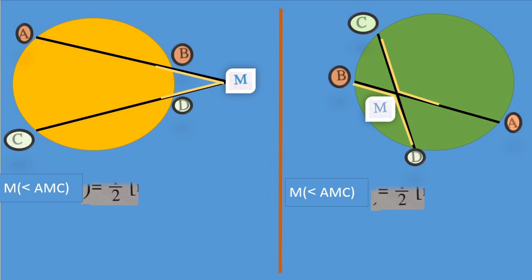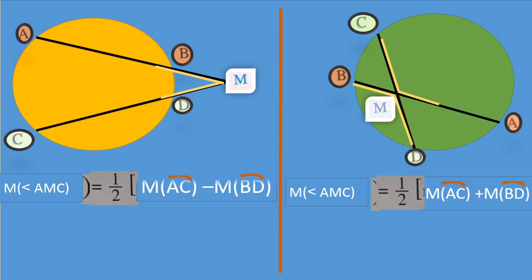In the second circle, subtract: half the difference between the greater arc and the smaller arc, AC and BD.